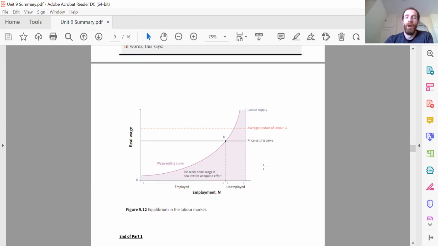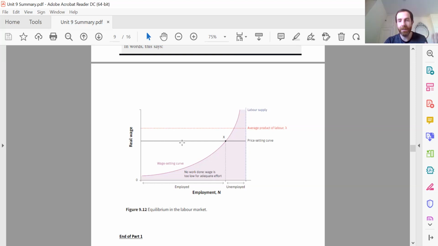Well, it's going to be the place, the real wage and the level of employment, where our price setting curve, which remember is determined by what's the nominal wage needed, what nominal wage will translate into a real wage which will get workers to work. Oh, actually, no, sorry, I've said that a little bit wrong.